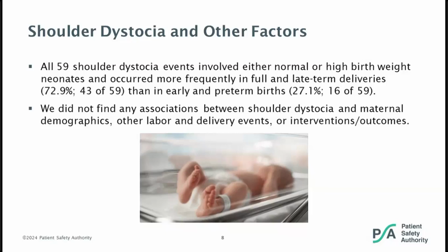The maternal and neonatal demographics include things like maternal age and the gravity and parity of the mother. Some examples of other labor and delivery events include fetal distress, meconium stained fluids, breech presentation. And some examples of other interventions and outcomes are those listed in the table on the previous slide.